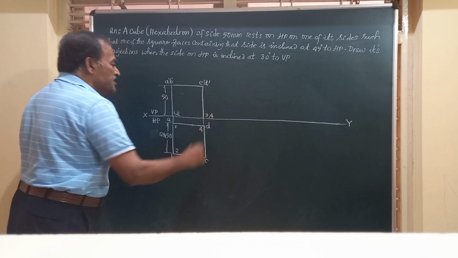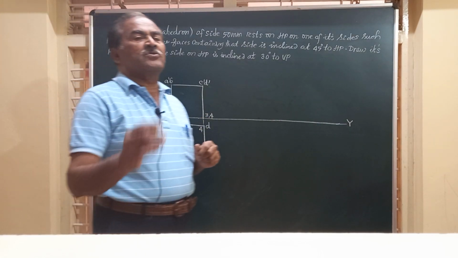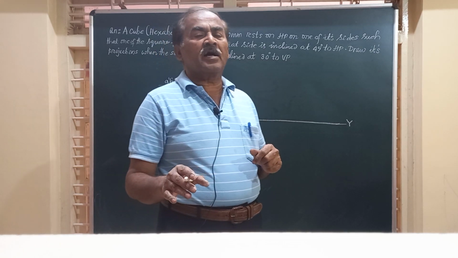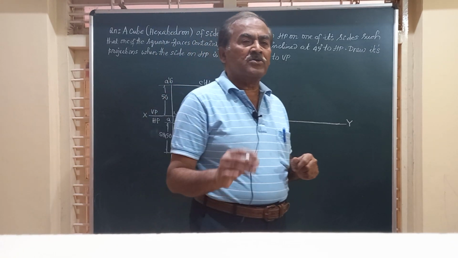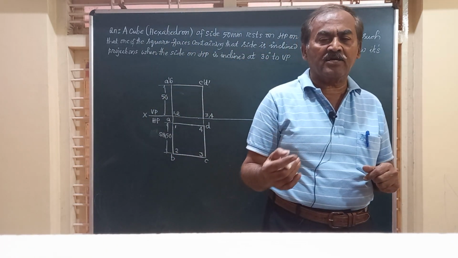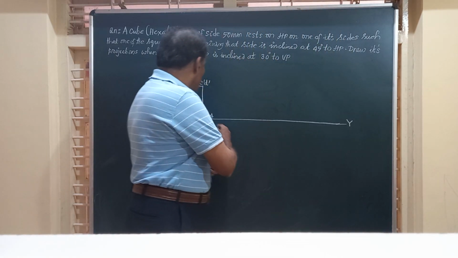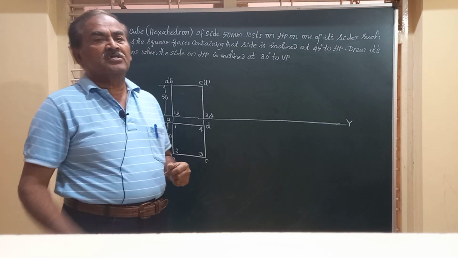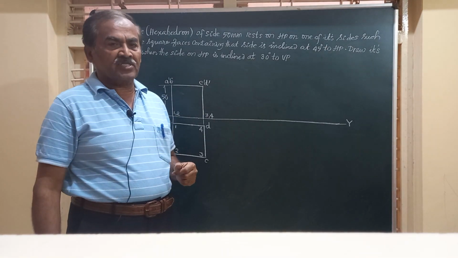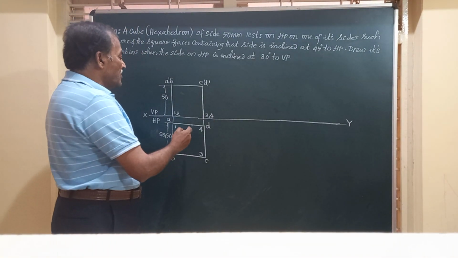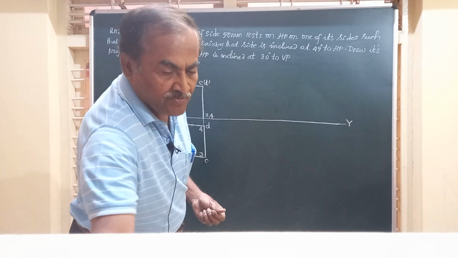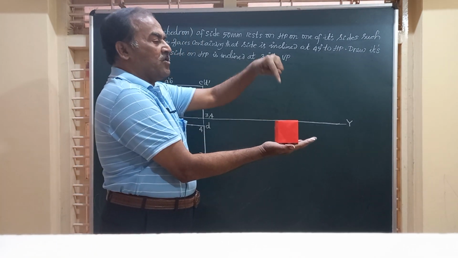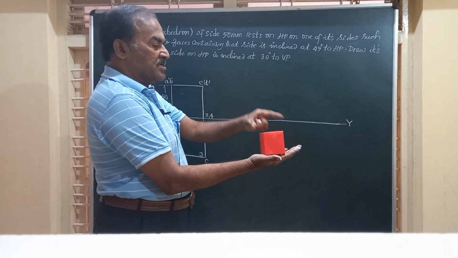Friends, particularly in case of cubes, you should be very careful, and I advise you all to take different naming for the bottom face and the top face, since they are very close to each other.